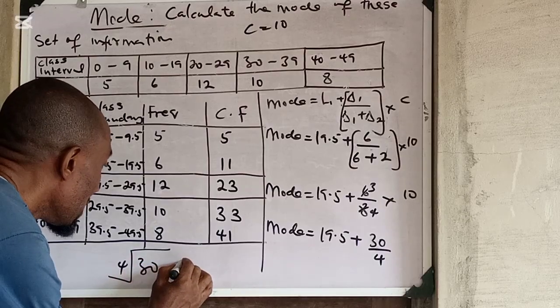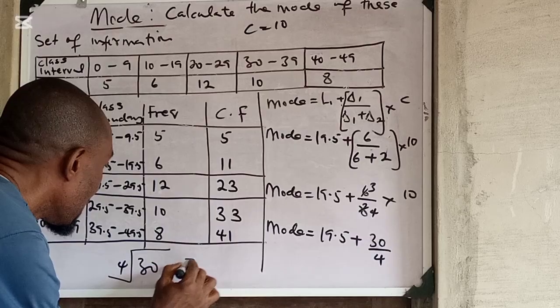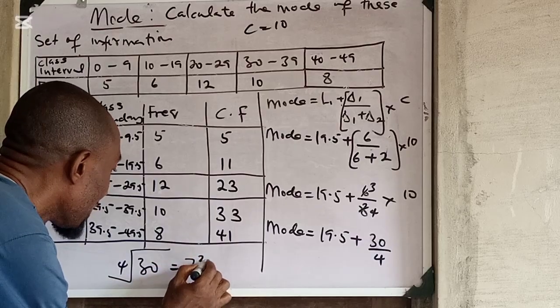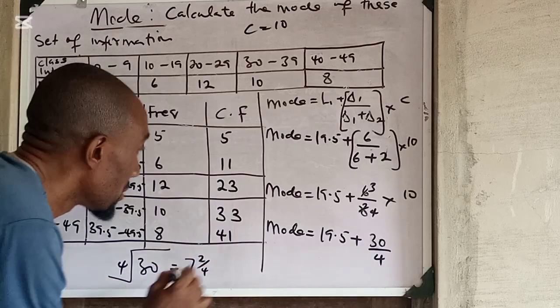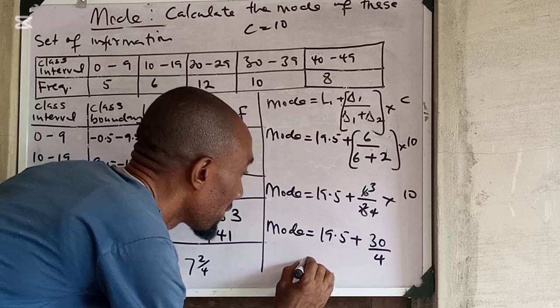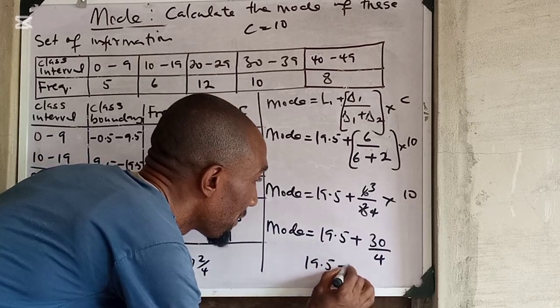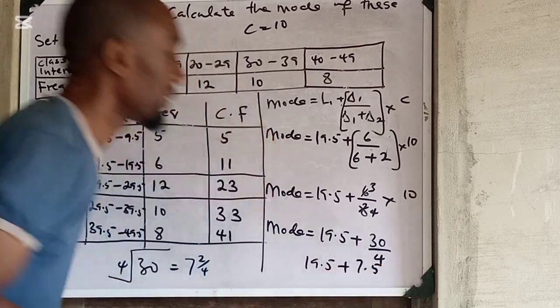It will go 7 times, since 7 times 4 is 28, with remainder 2. 2 over 4 is 0.5. So we'll have 7.5, and we'll have 19.5 plus 7.5.